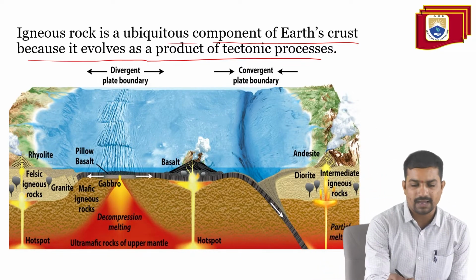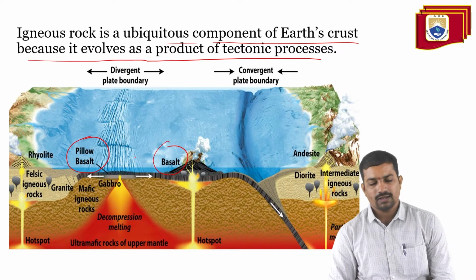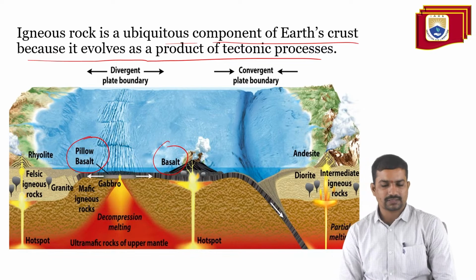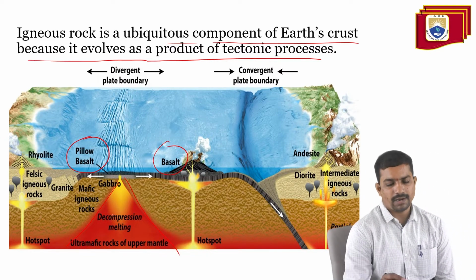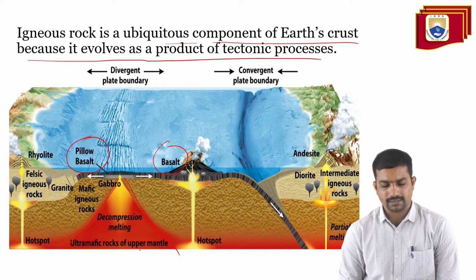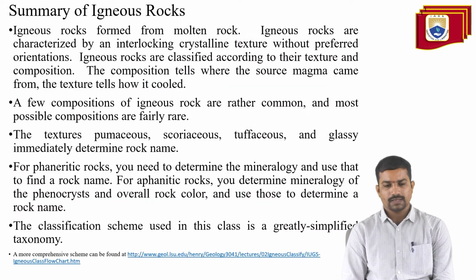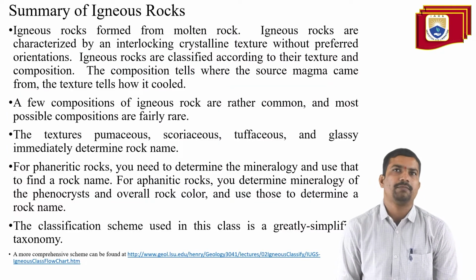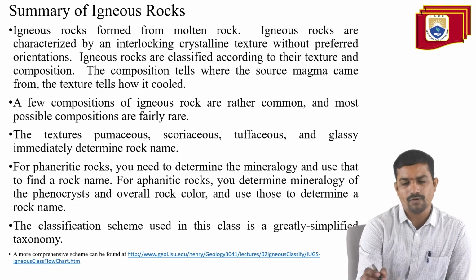I have already explained basalt, pillow basalt on the ocean floor, etc. In the Earth crust, we can see the decompression melting, ultramafic rocks of the upper mantle. These are the hot spots, etc. So, coming to the summary: igneous rocks are formed from molten rock.